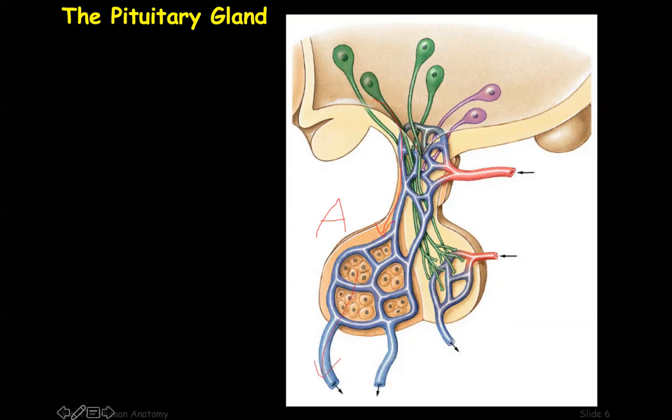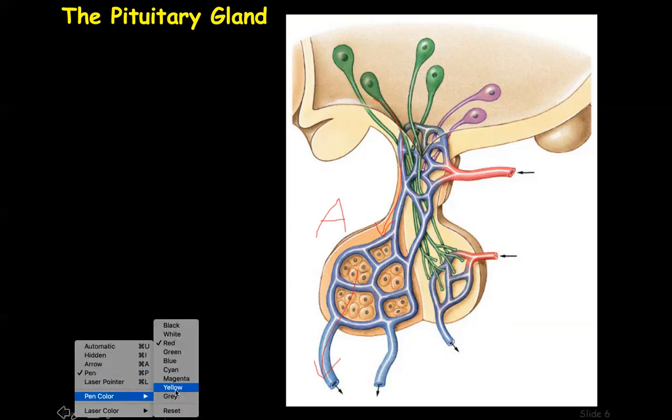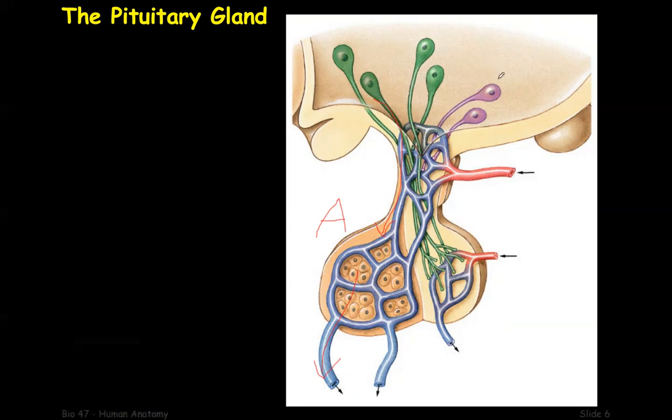Whereas on the right side there, in the posterior pituitary, this is neurons that are coming directly into and secreting their hormones directly into the bloodstream from that posterior pituitary. So the anterior pituitary, epithelial origin, requires this 2-step process to release hormones. Posterior pituitary, it's of neural origin, and it's a 1-step process to release those hormones.